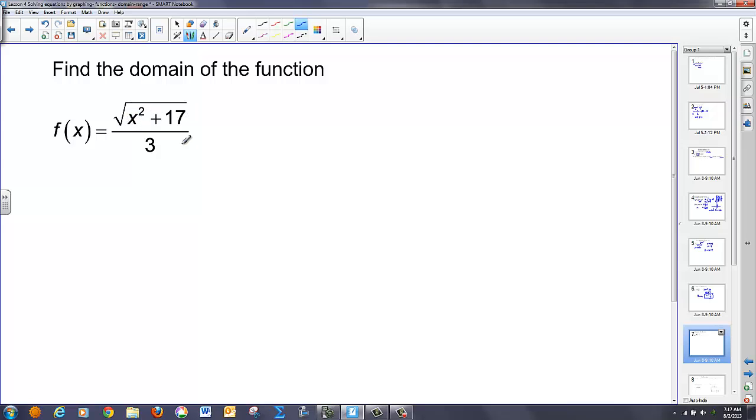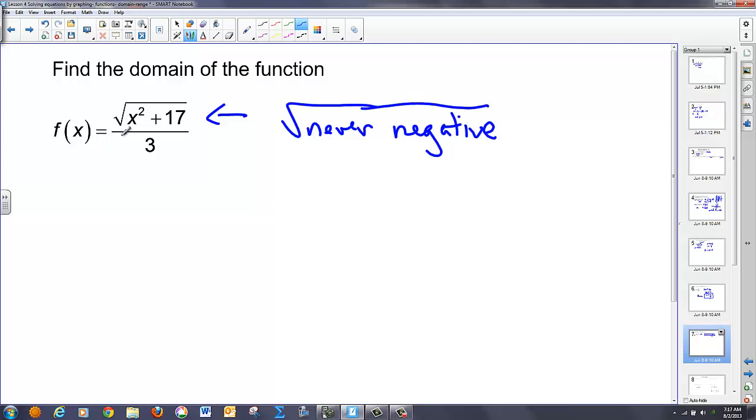So in essence, what's under the radical will never be negative, because of that squared value. So we can just state that if what's under the radical is always going to be positive, then all numbers will yield a y value. Therefore, my domain is all real numbers.